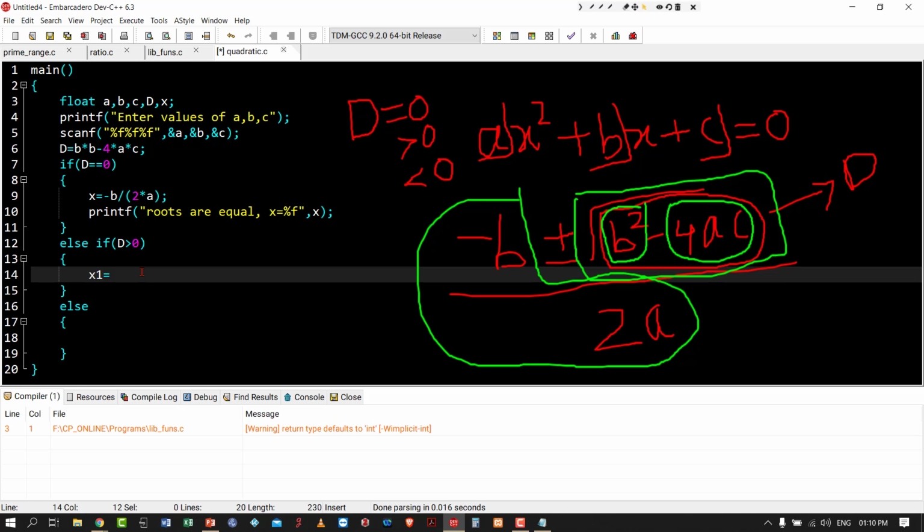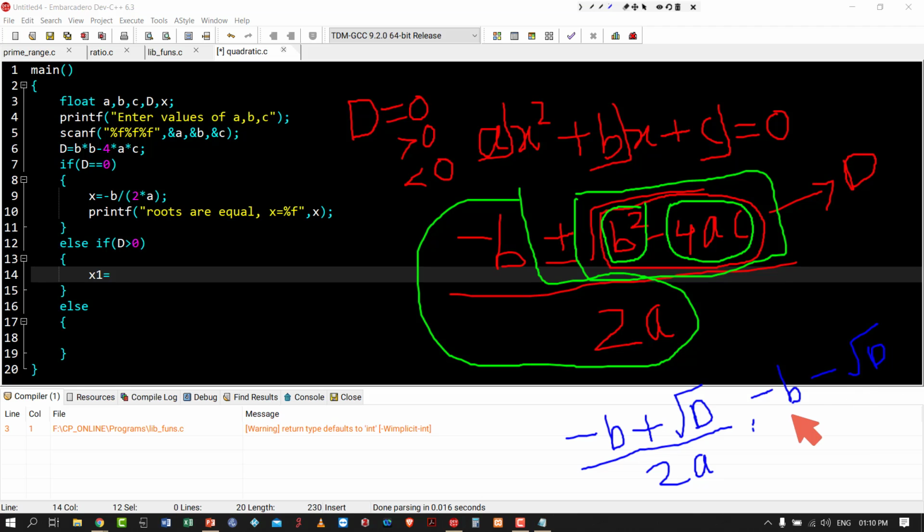What is x1? x1 will be minus b plus, we have already calculated b square minus 4ac, it is in D. So I can write something like minus b plus root d by 2a. This is one root. The second root is minus b minus root d by 2a.